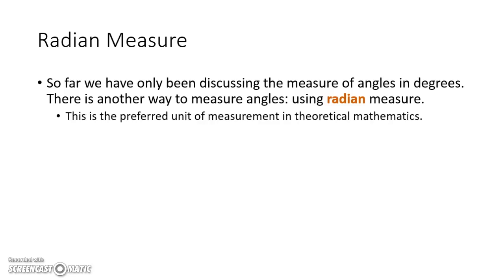What is a radian? Now, keep in mind we have this other way because it's actually the preferred unit of measurement in theoretical mathematics. So that might matter to you, it might not, but that's why we have this method.